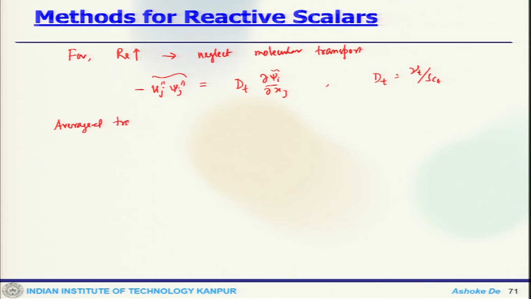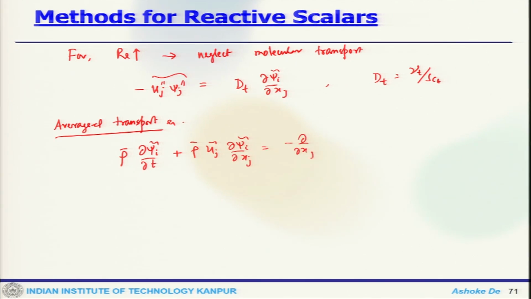Then the average transport equation would take the form rho bar del psi i by del t plus, these are obviously, when you talk about average, all density weighted averages or Favre averages, del psi i by del xj minus del xj rho bar del psi i by del xj plus rho bar Sj.